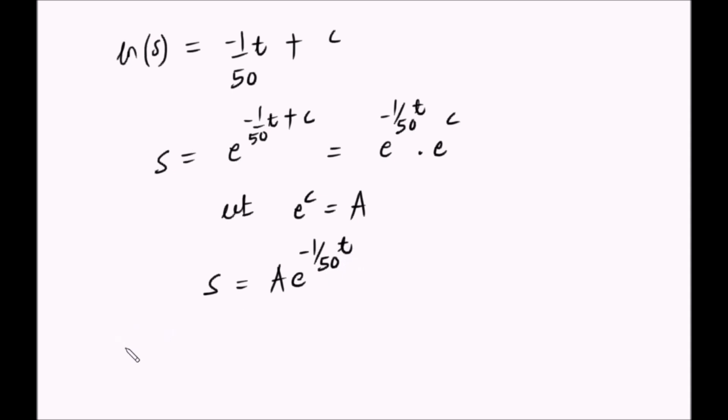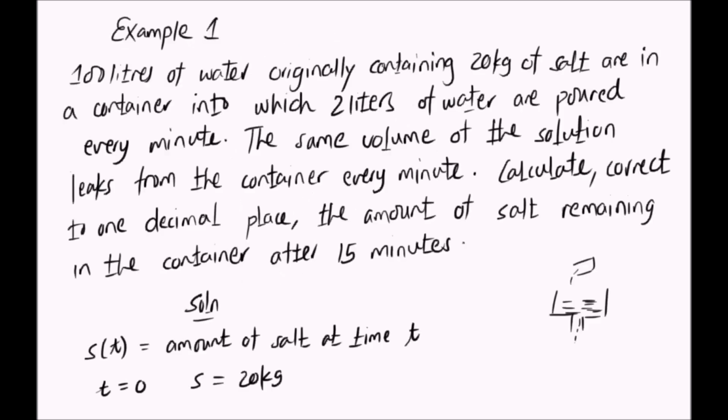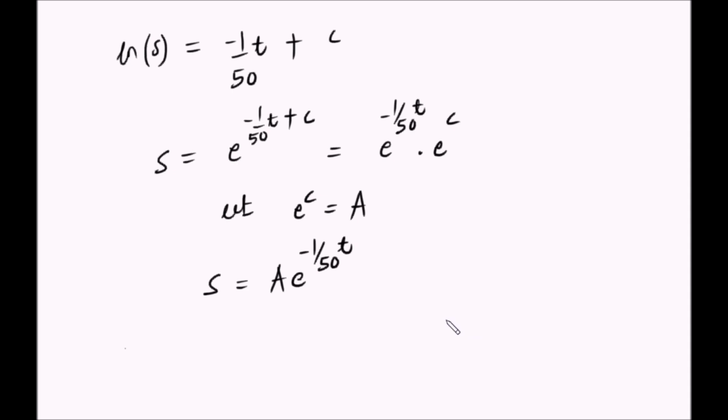So remember now, at t is equal to 0, tulisema the amount of salt ni 20 kilogram. So we use that information to find the constant A. Kwa hiyo 20 when t is 0. Kwa hiyo 20 ni sawa na A e power 0.